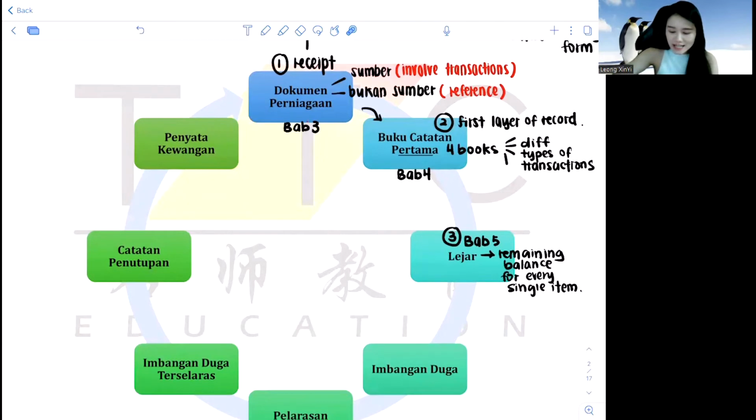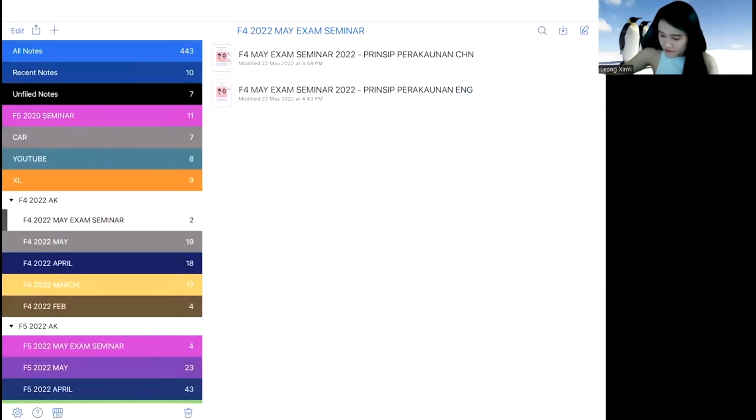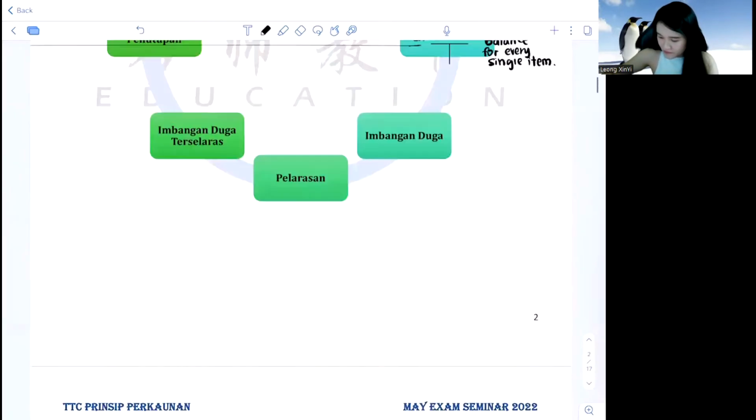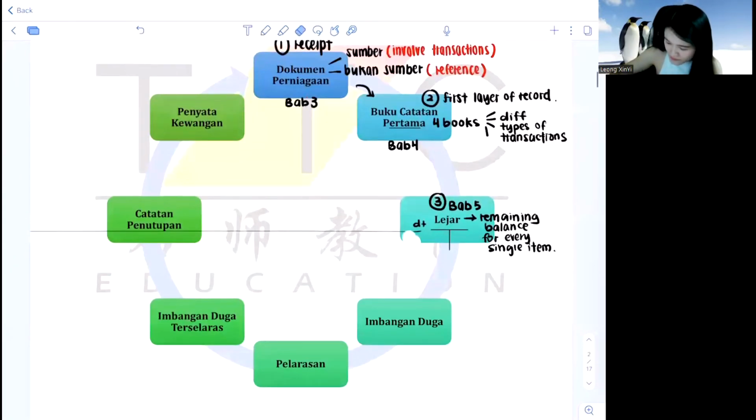So what is a ledger? Ledger's shape is a T shape. This T shape will have the debit side on the left and the credit side as the right hand side.